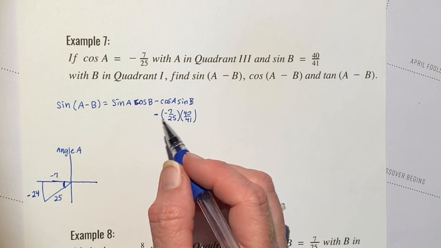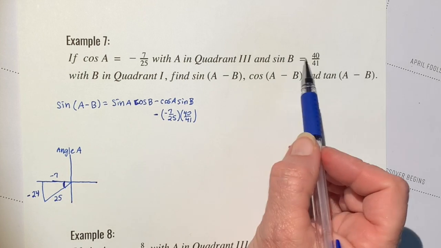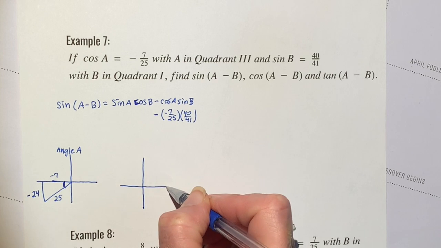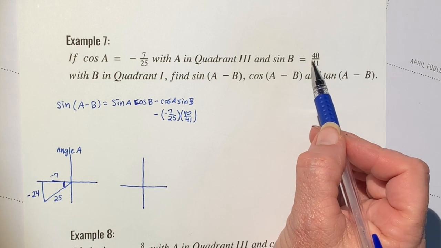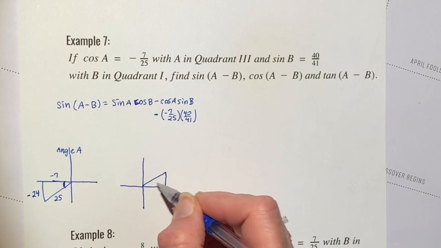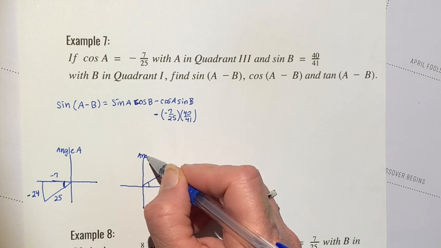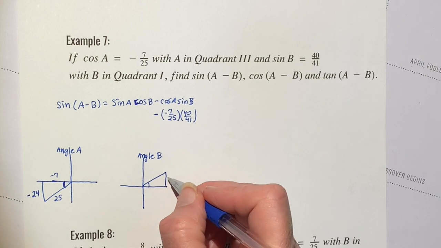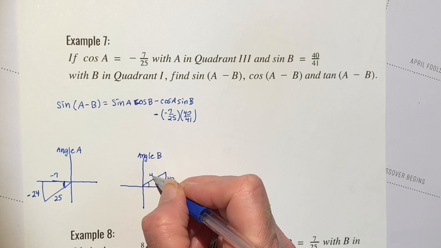Okay. I also need to know the cosine of b. Well, from the sine of b, I'm going to have to use that to find the cosine of b. And so this lies in quadrant 1. So quadrant 1, angle b. All right, and so from the sine of b, opposite to hypotenuse.